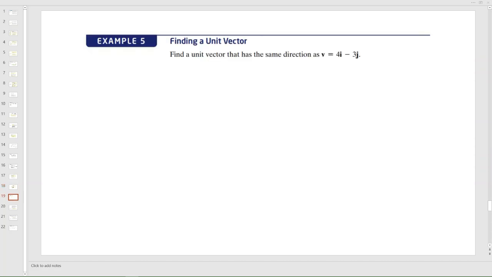All right, let's put these ideas to work here. So if I have a vector described here as v, or I can think of it as 4 comma negative 3, I know that the unit vector in its direction is given by the vector v divided by its magnitude. So let's go get the magnitude of v.